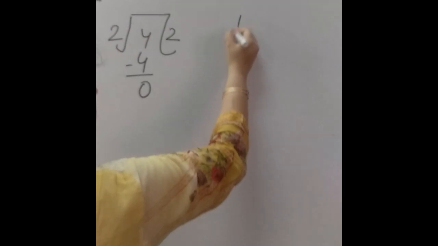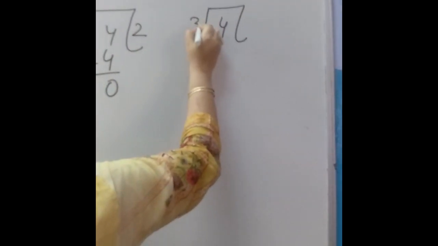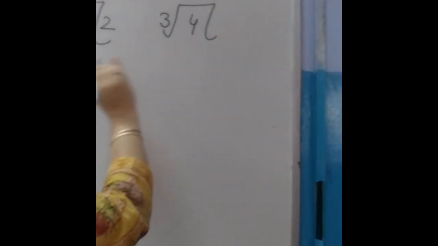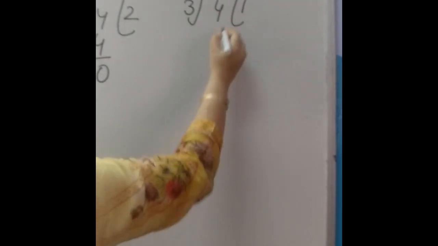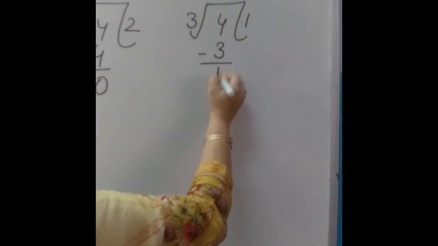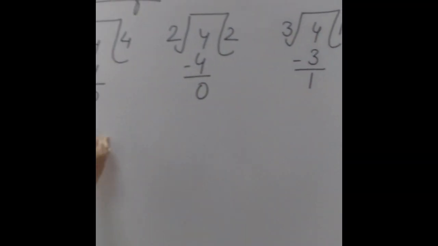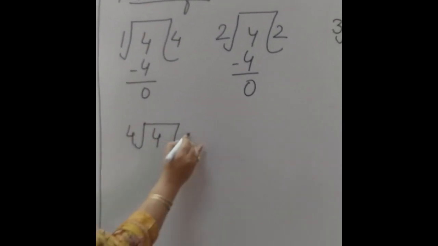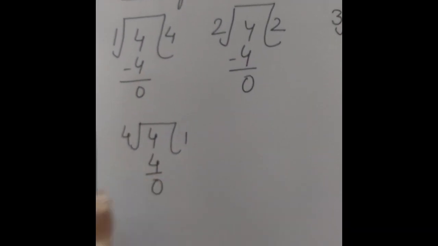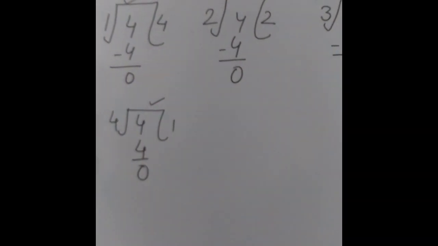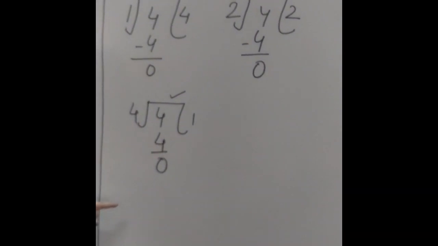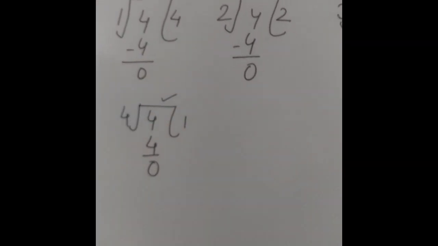Now if we check by 3, in the table of 3, 4 does not come, but a smaller number is there. 3 1s are 3 and the remainder is 1. And if we check for 4, then 4 1s are 4. If we look in the first, second and the last case, in all these 3 cases the remainder is coming 0, but not in the case of 3.